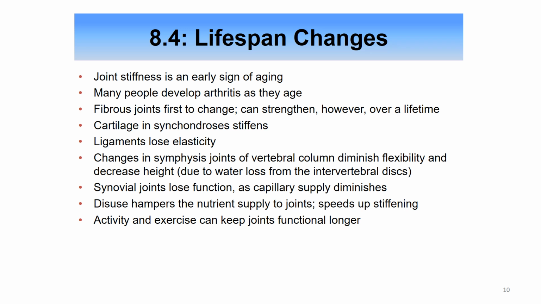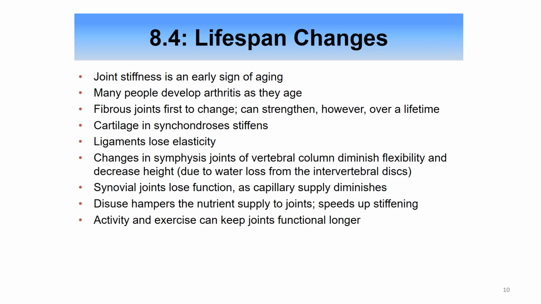Lastly, what happens to our joints as we get older? Joint stiffness is an early sign of aging. Many develop arthritis as they age. Fibrous joints start to change, but interestingly, they can strengthen over a lifetime. Cartilage stiffens, ligaments lose their elasticity.